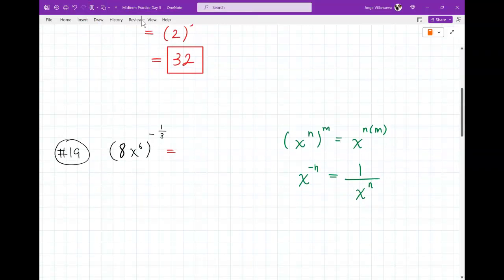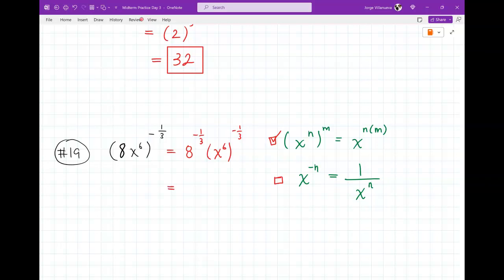So this is what it's going to look like. First off, let me use this little identity here, the first one right there. I'm going to distribute that power to both of those terms. So that's going to be 8 to the negative 1/3, x to the 6th to the negative 1/3. Okay, so I'm using that first property right there to distribute that power.